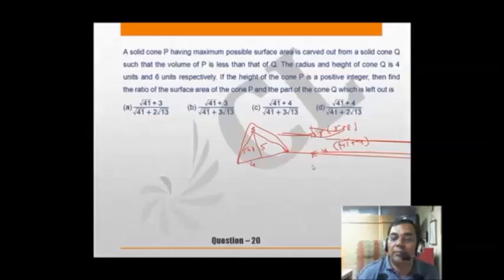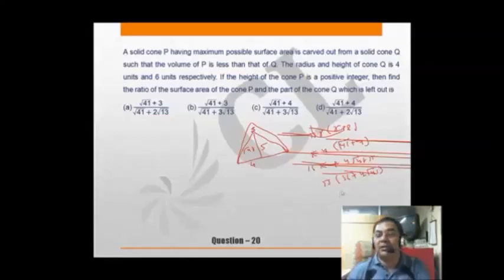So it will become 16 pi plus 4 root 41 pi, or we can do it pi times 16 plus 4 root 41. This is the surface area. Okay.